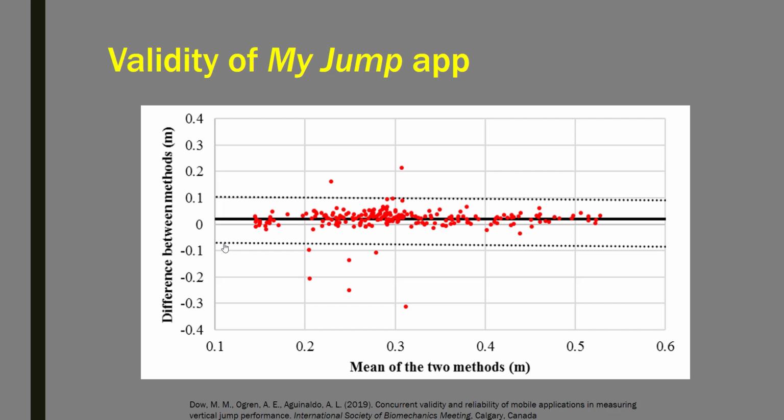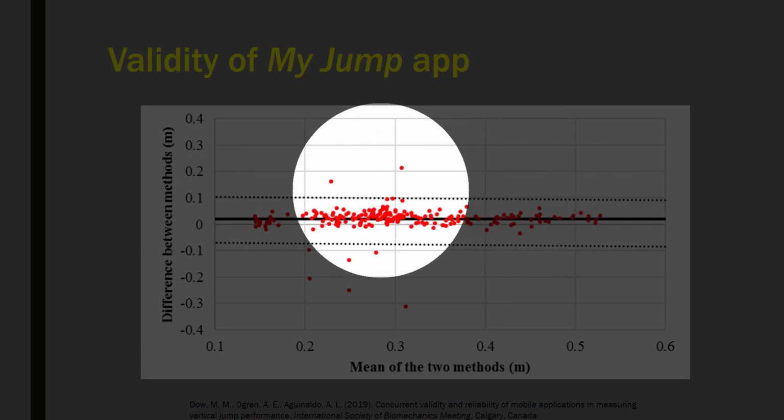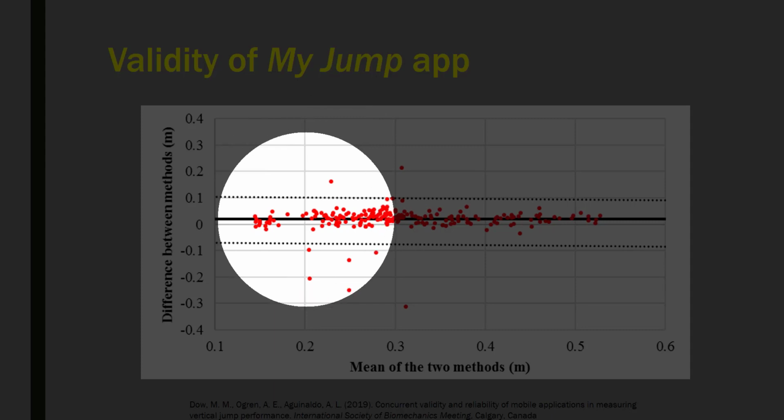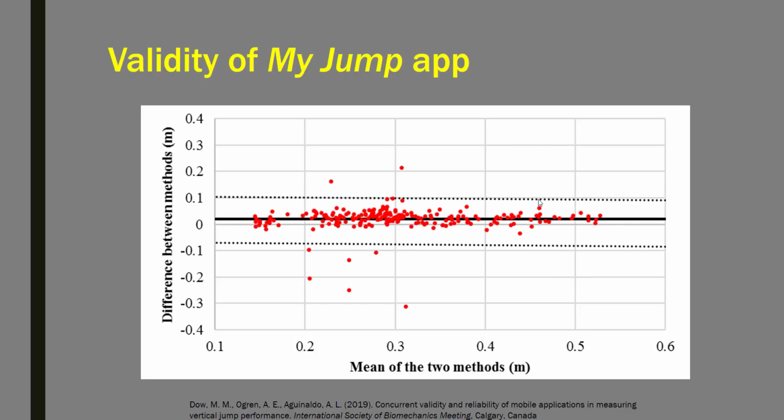In fact, the error between the app and the criterion method using motion capture was within 5, in some cases 10 centimeters, which is pretty high, but most of them occurred between, you can see here, between 2 and 5 centimeters. So it was pretty close and had good reliability.